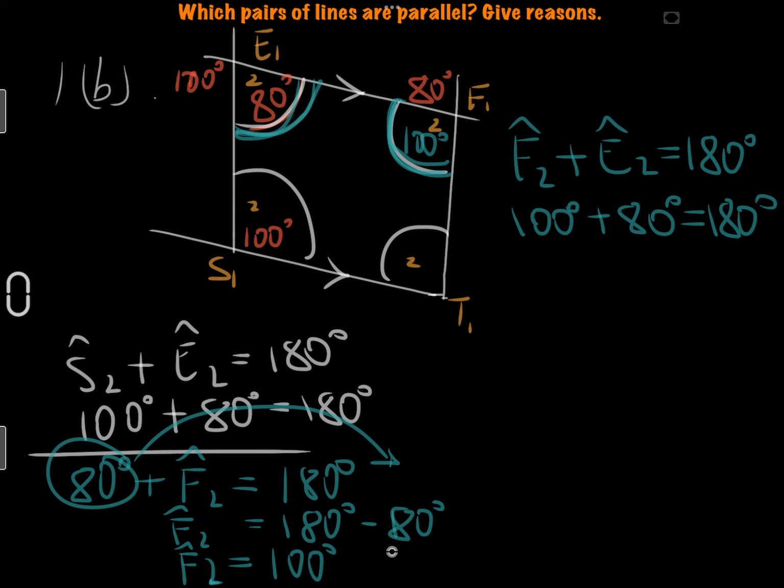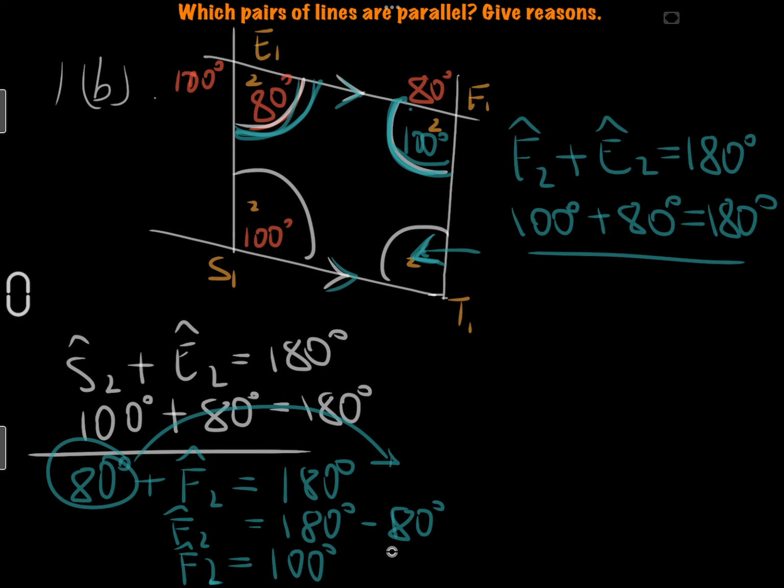Since they are supplementary, we can confirm that those lines are parallel. Again, just to confirm the last angle here, we need to find out if that is also the case.